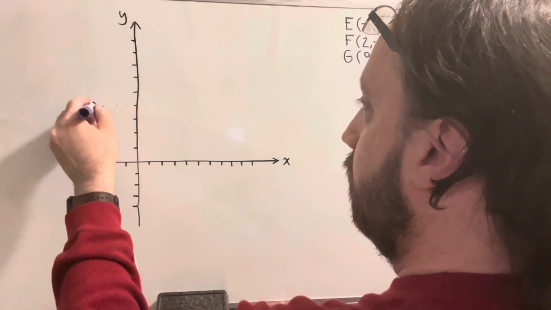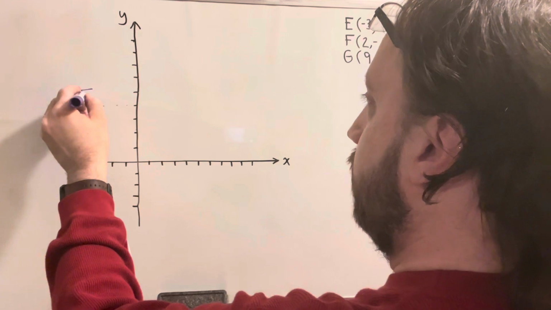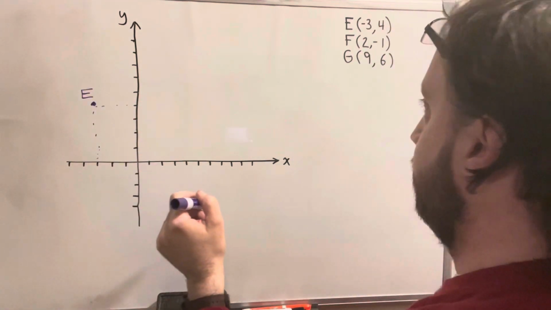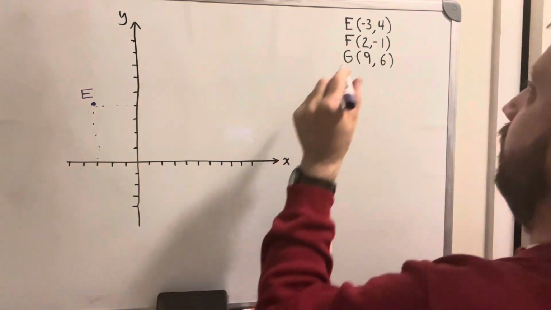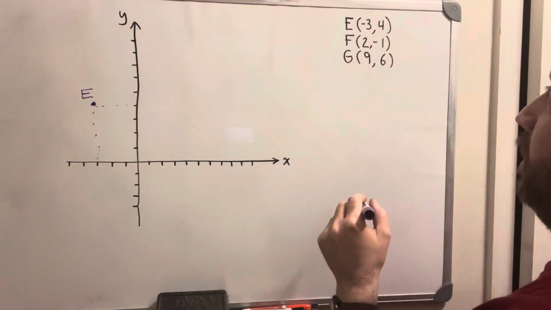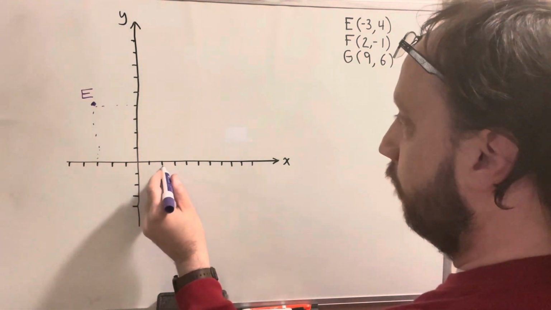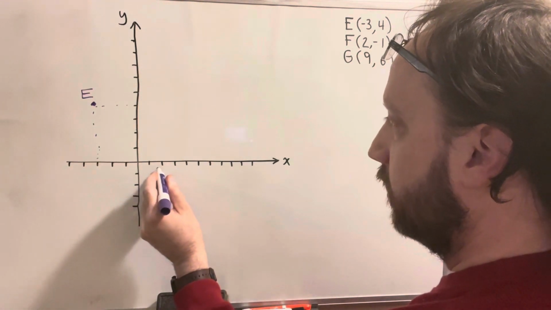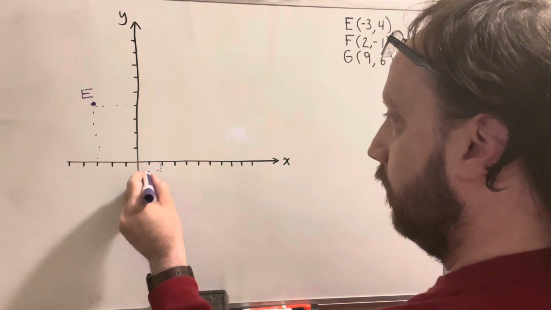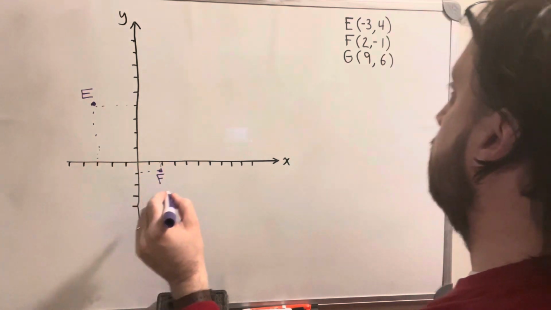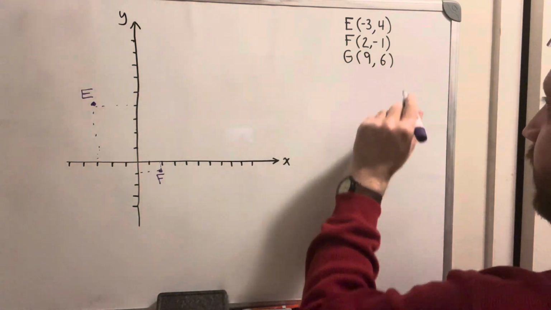So I'm just going to write the point right here. I'm not going to put the coordinates in parentheses just to keep it clean. Now F is at +2 in the x direction and -1 in the y direction. So this is F, and G is at 9, 6.